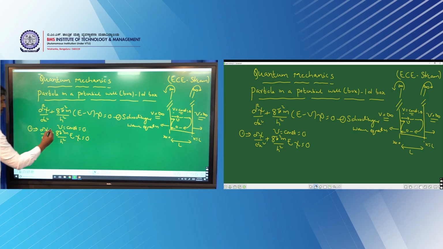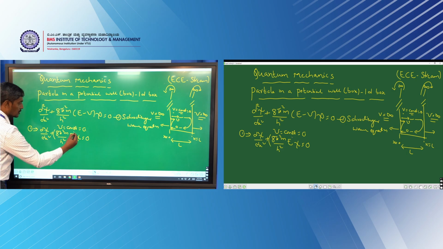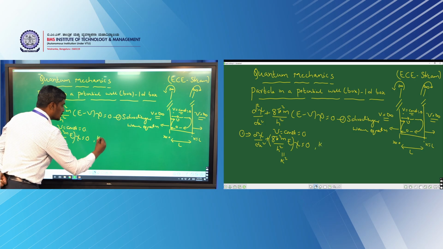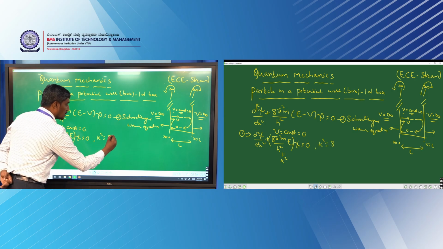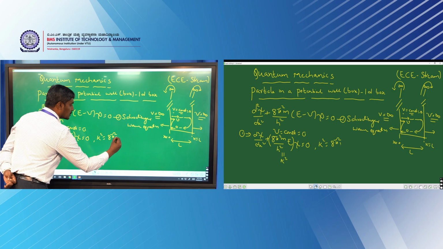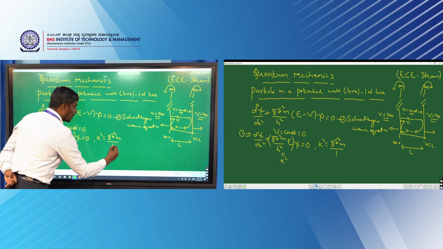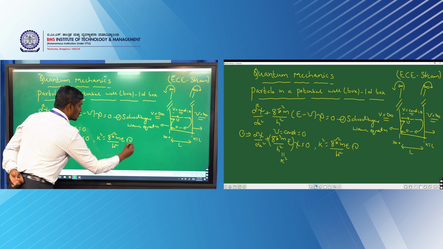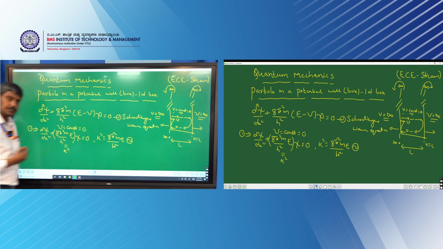Let me call the term inside the bracket k square. So k square is 8 pi square m by h square into E. Let me call this equation number 2.